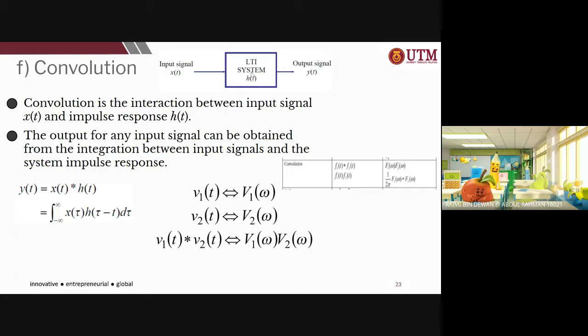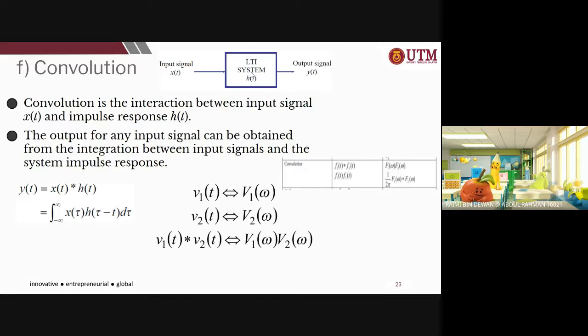You need to know, sometimes they use the short form. Linear time invariant means that a fixed input change will provide the same fixed output change. You won't have something different.